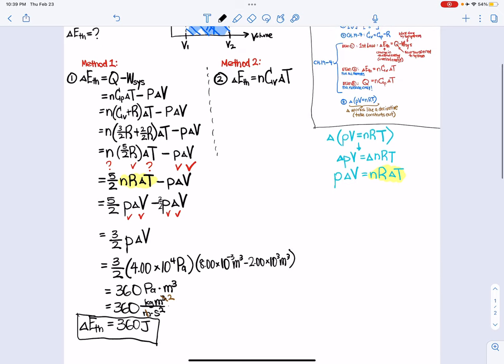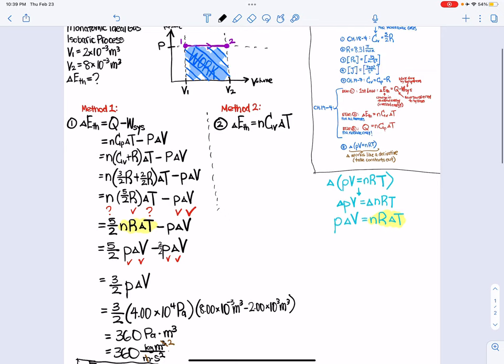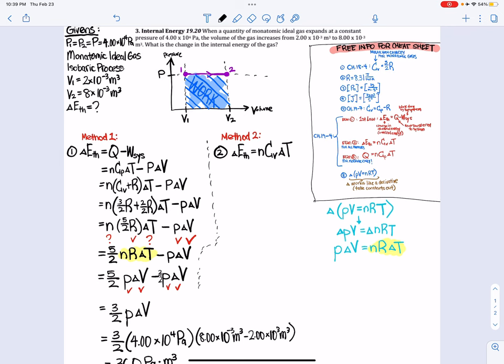All right, so that's the first method of solving that. And the second method of solving it is, which we will do here, okay? The change in thermal energy is also equal to the number of moles times the molar heat capacity at constant volume, capital C subscript V, times the temperature difference, delta T, okay?